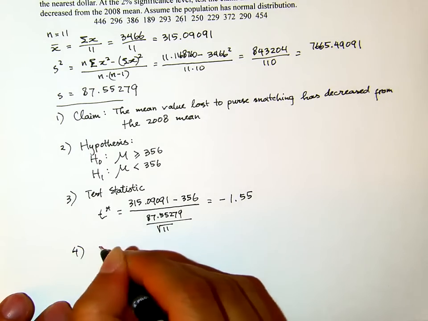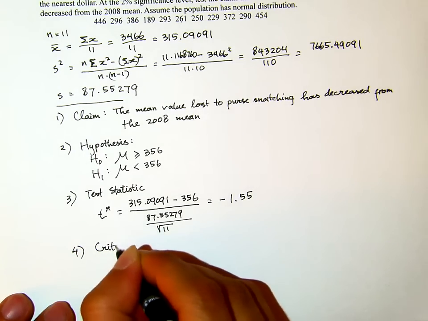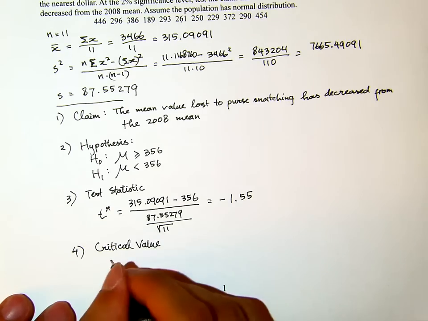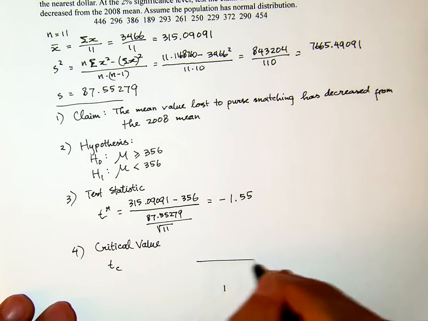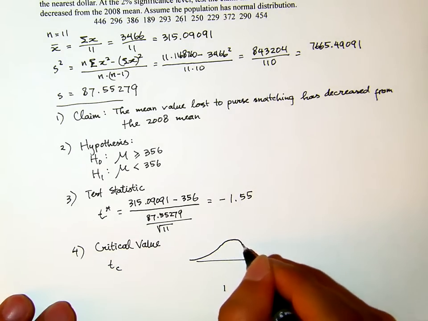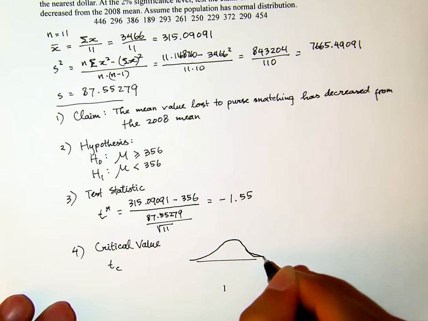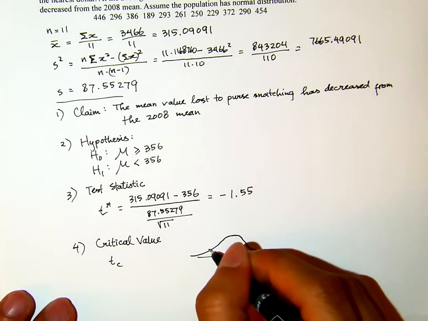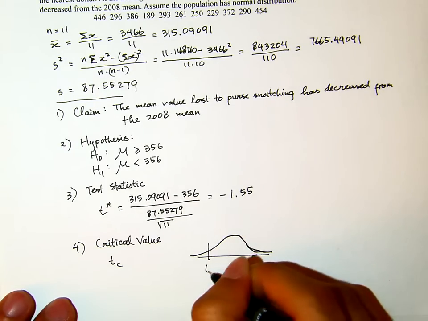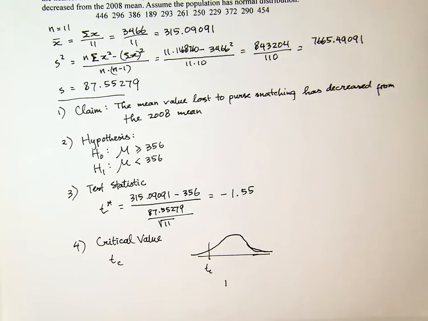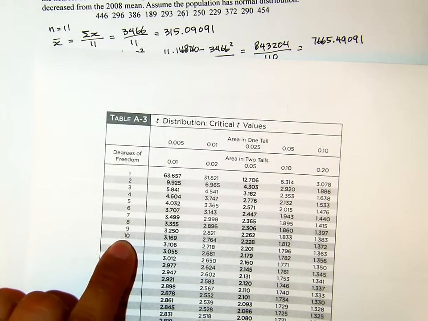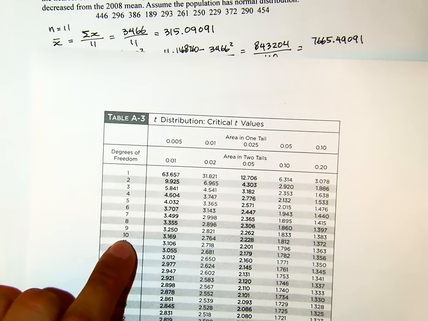And now the critical value, the t critical. Notice that we are doing a one-tail test, and let's say this is my t distribution. I am doing a one-tail test on the left tail. This is the t critical. The degree of freedom is 10.